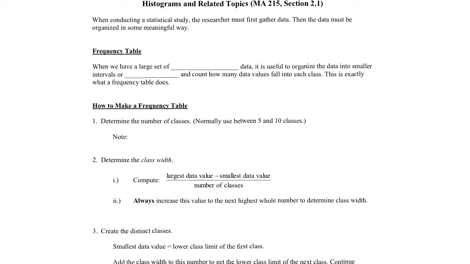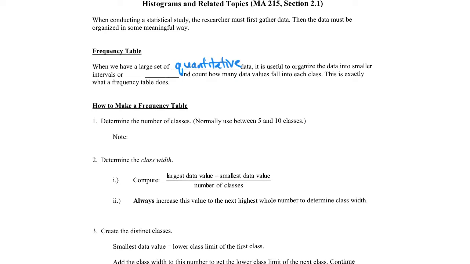Okay, so to get started here, when we have a large set of quantitative data, remember there's quantitative data, and what's the other type? Qualitative data. Quantitative and qualitative. And what's another word for qualitative?